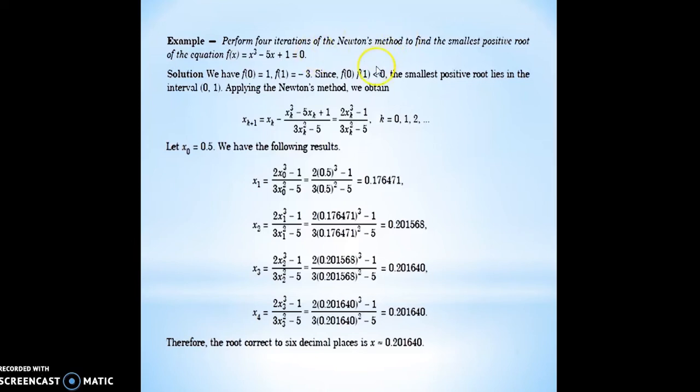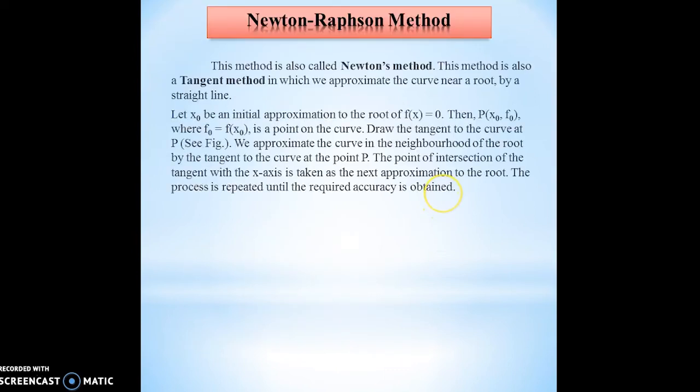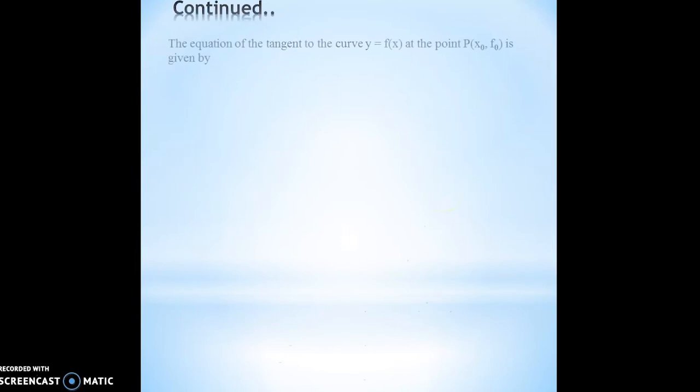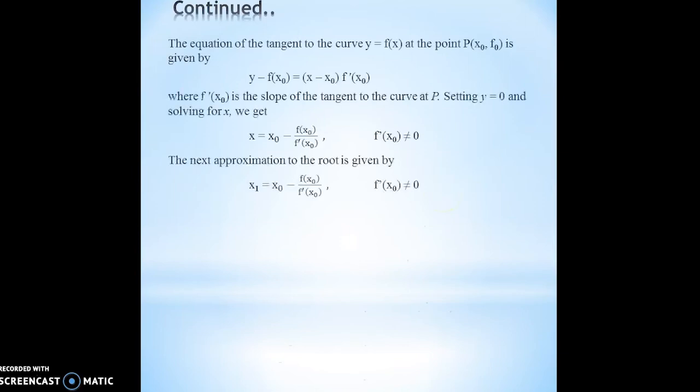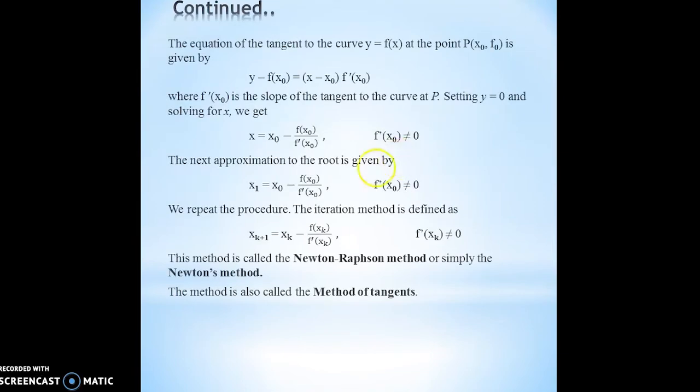So I will go back and show you again the formula for finding the root of the equation by the Newton-Raphson method. Yeah, so this is the formula to find the root, or iterations, using the Newton-Raphson method.